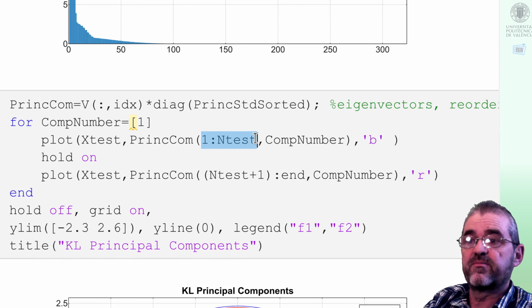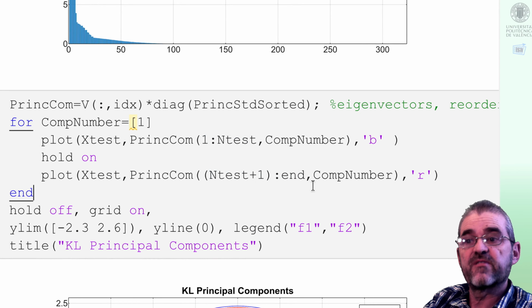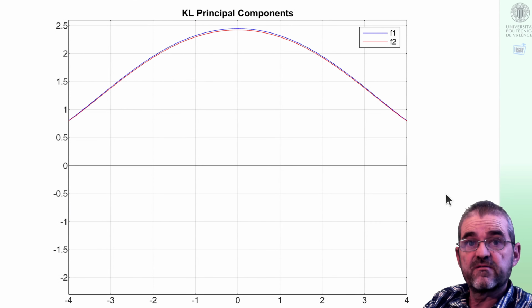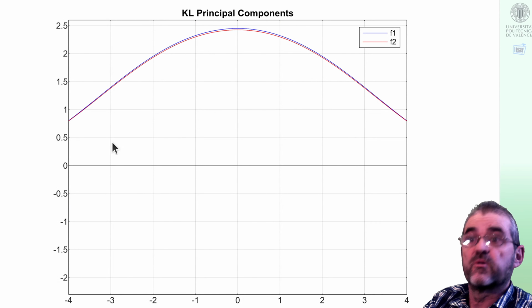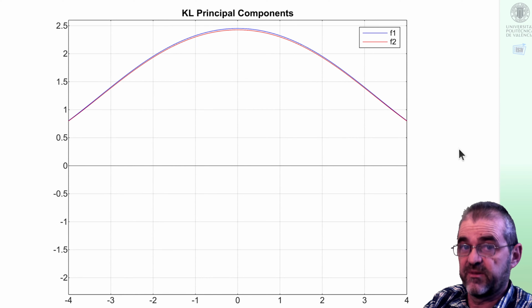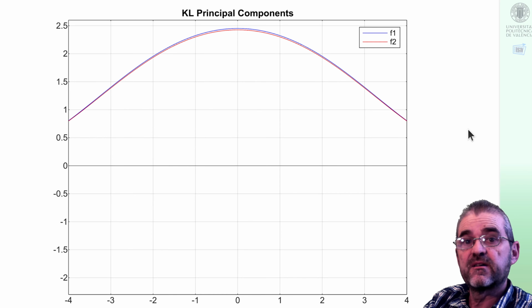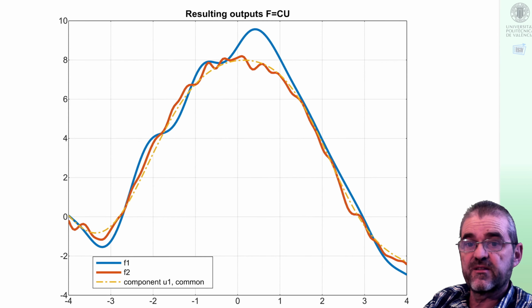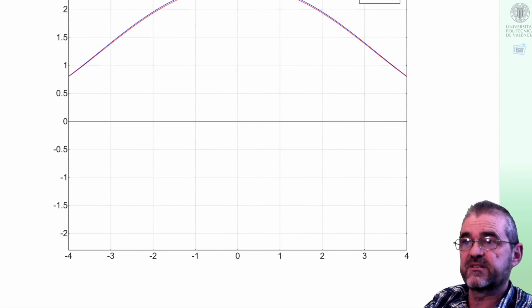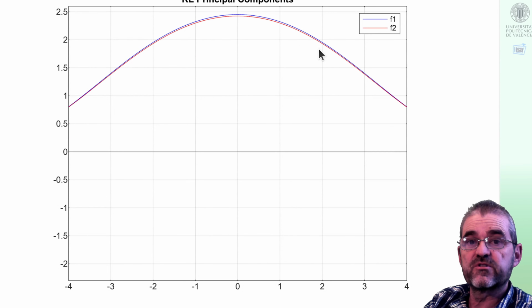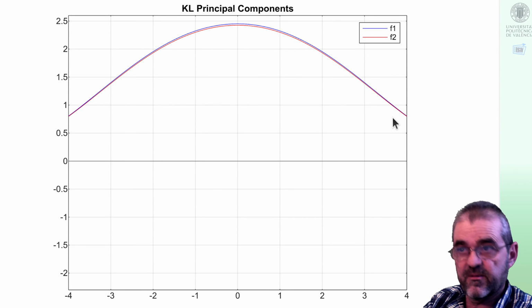So if I plot the first half of the eigenvector and the second half of the eigenvector, I have this first principal component. As we see, it has large amplitude. We'll compare with other ones in a minute. And it's somehow the fundamental harmonic, and as the common component in f1 and f2 had a large variance, this large variability is explained by a common component, as red and blue functions are almost copies of one another, in phase and with the same amplitude.